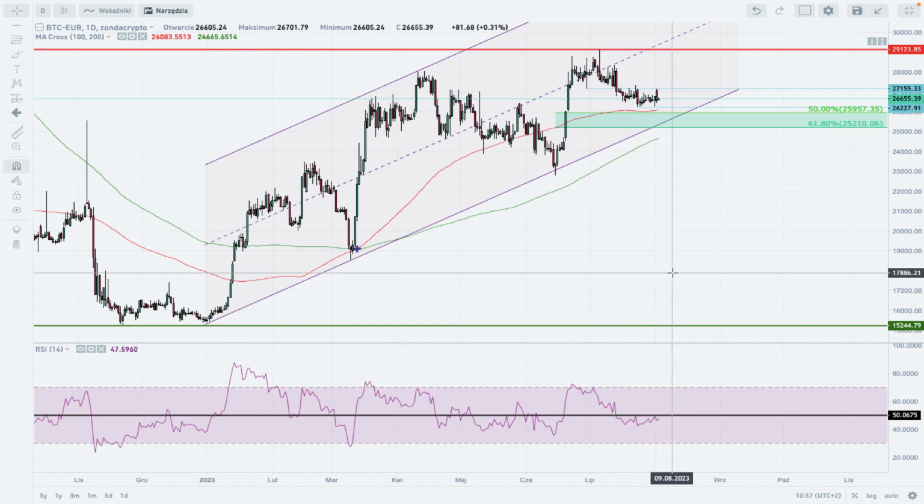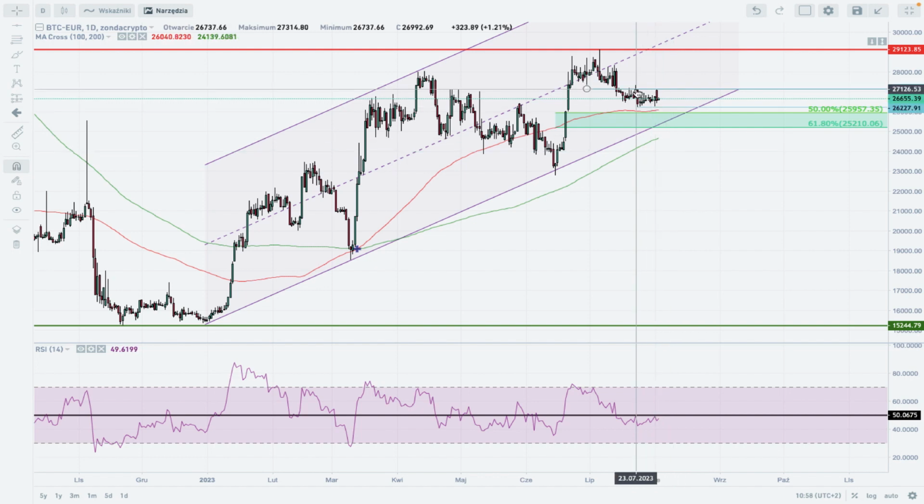If you look at these things from the other point of view, there is still room here on the negative part of the momentum towards the level of 30, towards the extremely oversold levels, and there is still room towards the lower channel line, 61% and 50% of the Fibonacci retracement, and the 200 periods moving average, right now 24,665.